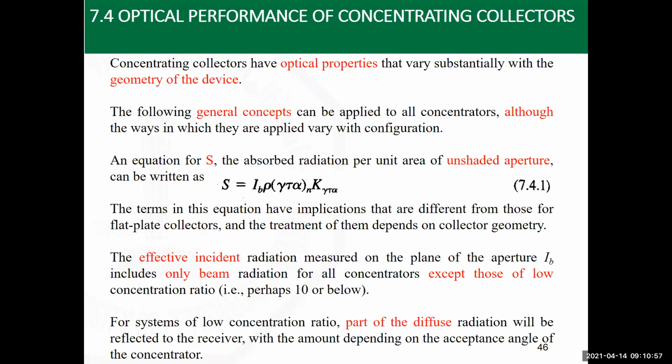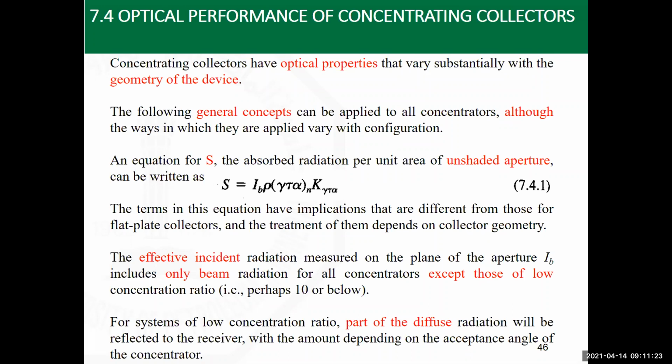Tau is the transmissivity, alpha is the absorptivity, and K tau alpha is a correction factor. So the terms of this equation have some simplifications that would be different from the flat plate collectors. We didn't go all that way for flat plate collectors for the estimation of the value of S. And definitely the treatment is different because of the geometry changes.